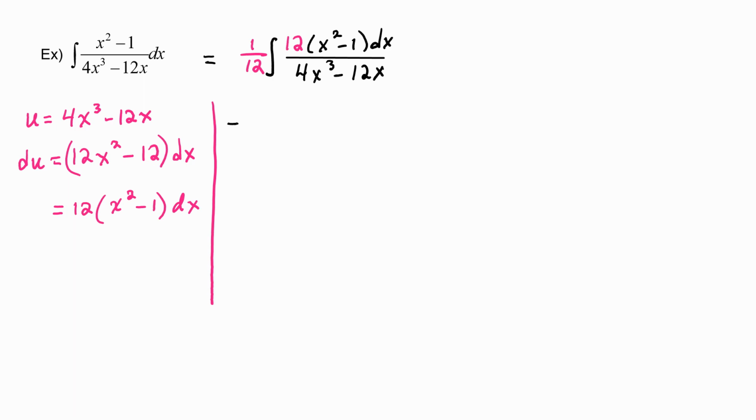And this is going to equal, this constant out front remains out front as a 1/12. Then we have the integral, get our fraction bar in there, and this whole entire numerator is going to get replaced with du.